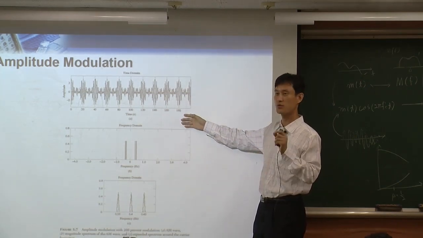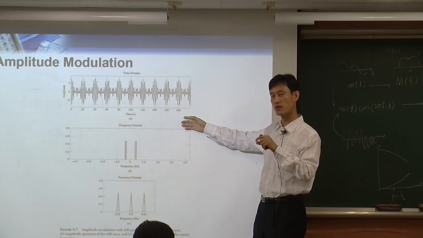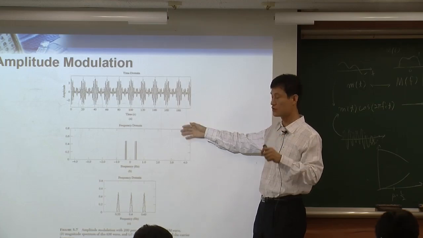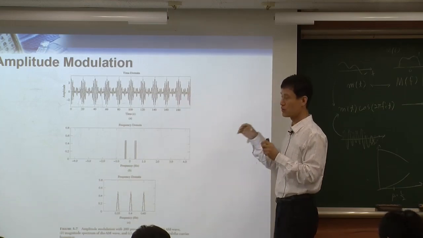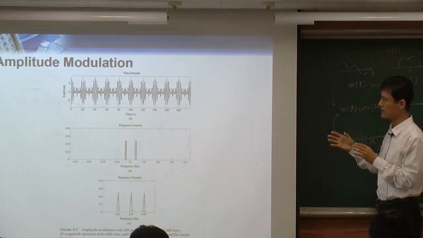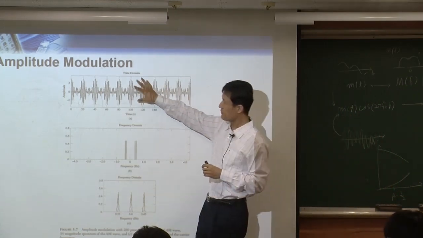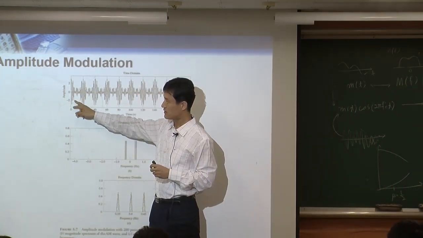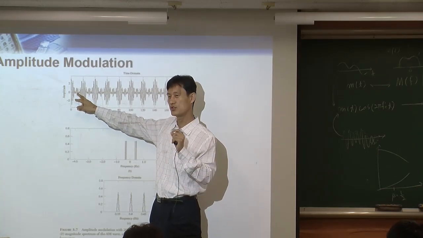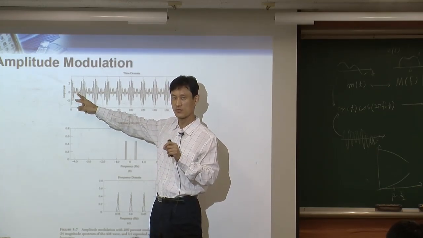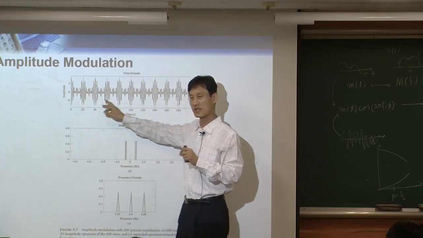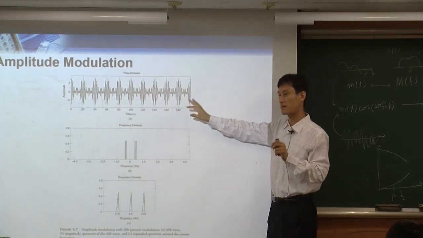This is just an example of mu equal to 2. When mu equal to 3, mu equal to 1.5, you still have the same problem. So when mu is higher than 1, in time domain, you see the phase reversal. So now we have a problem in using the envelope detector. We cannot use the envelope detector. That's a problem. That's a bad thing.